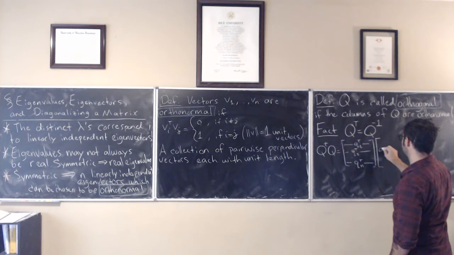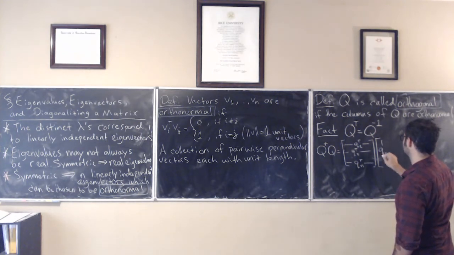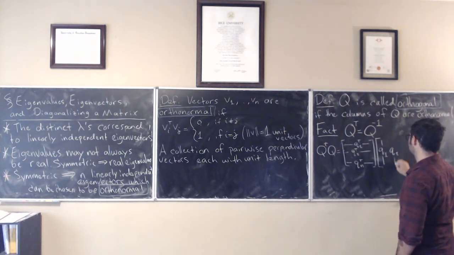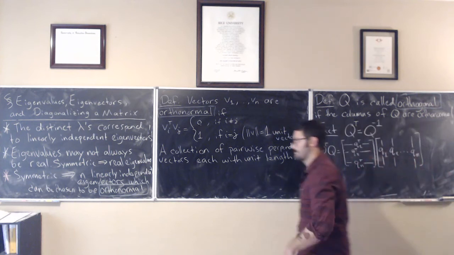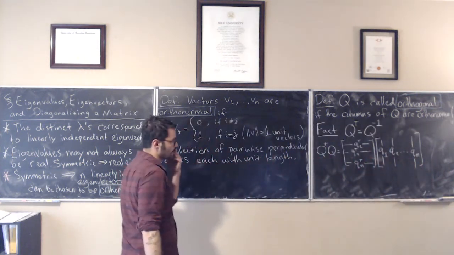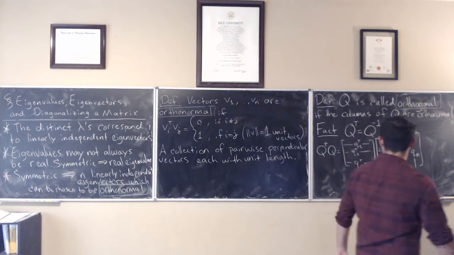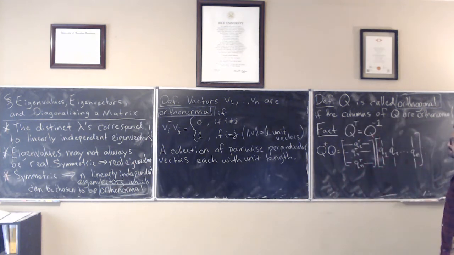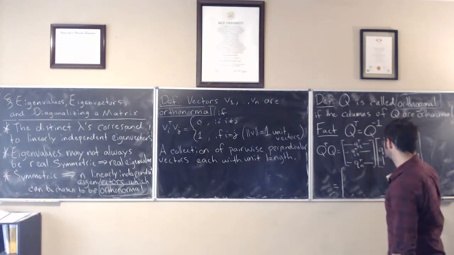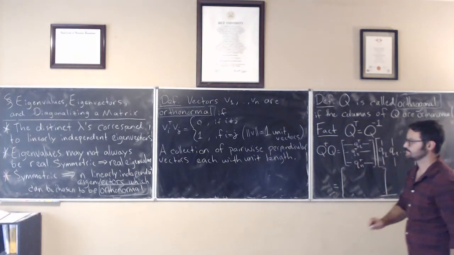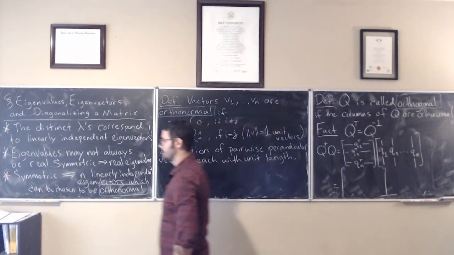And then we have Q1, Q2, dot, dot, dot, Qn, like this. So what is this product going to be?